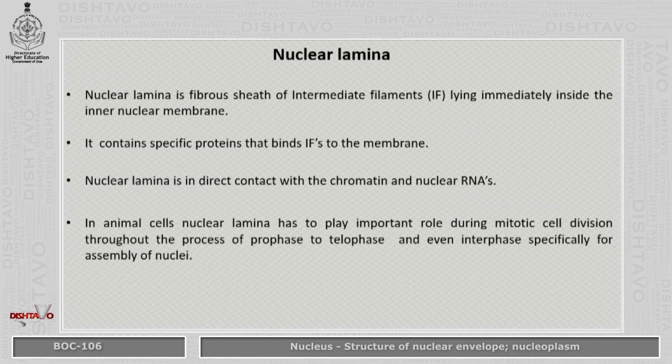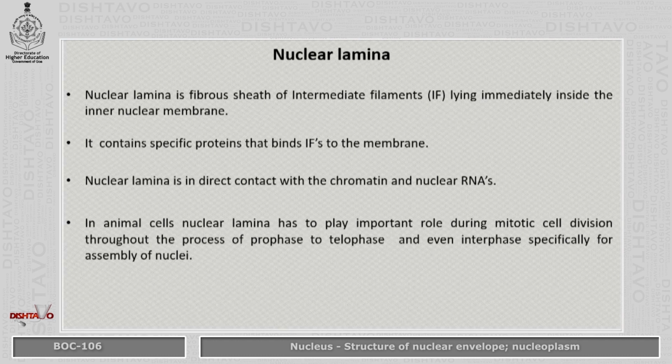Now let us look at nuclear lamina. Nuclear lamina is a fibrous sheath of intermediate filaments lying immediately inside the inner nuclear membrane. They are made up of specific proteins called lamin A, lamin B and lamin C. They bind to the membrane and appear like a cushion inside the inner nuclear membrane.